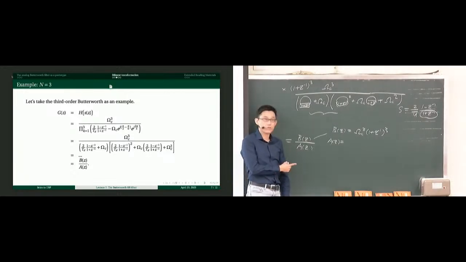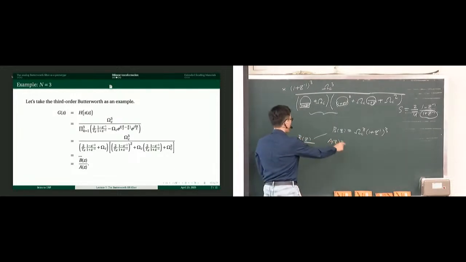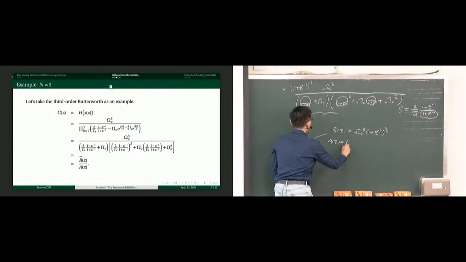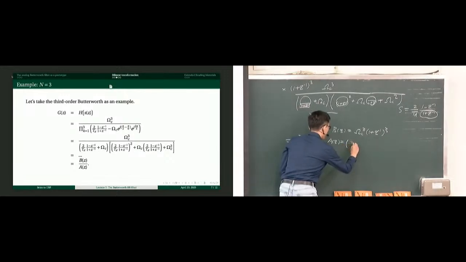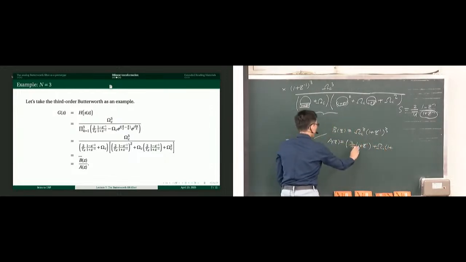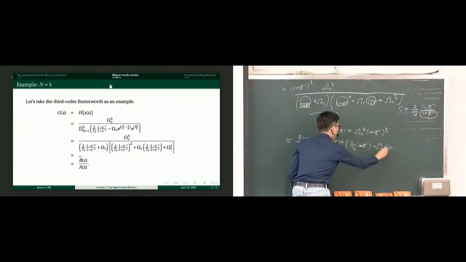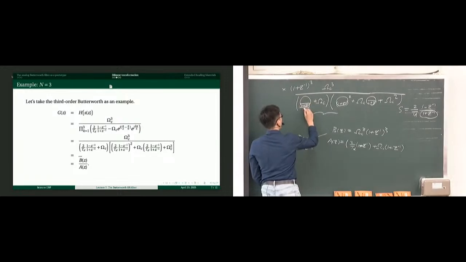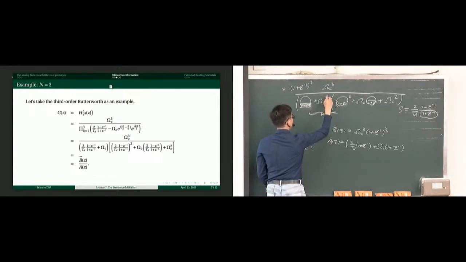But here the derivation would be something like there's 2 over Td, 1 minus z inverse over 1 plus z inverse, and then plus omega c. That's minus, sorry. You know what I mean. So that's the first term, okay?